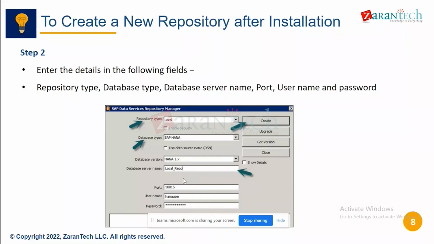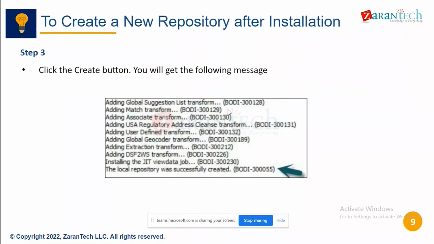Once you provide all these details, you can directly click on Create. Then you will get messages once we click on the Create button. The last message should be that the local repository was successfully created. Now you have created a local repository for yourself.